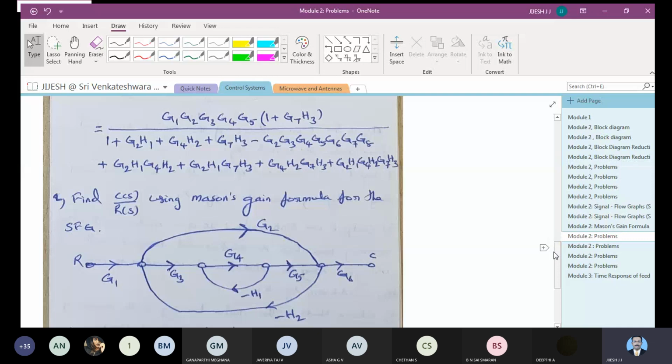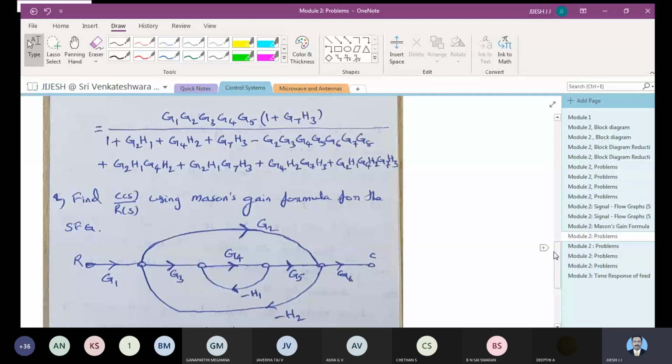So let us see. We will have to do the same steps, but the method will be different, as you will be getting different gains, that is, different loops and forward paths. Let us see that. I will just keep it open for all of you. Whoever wants can say the first step once you complete it.